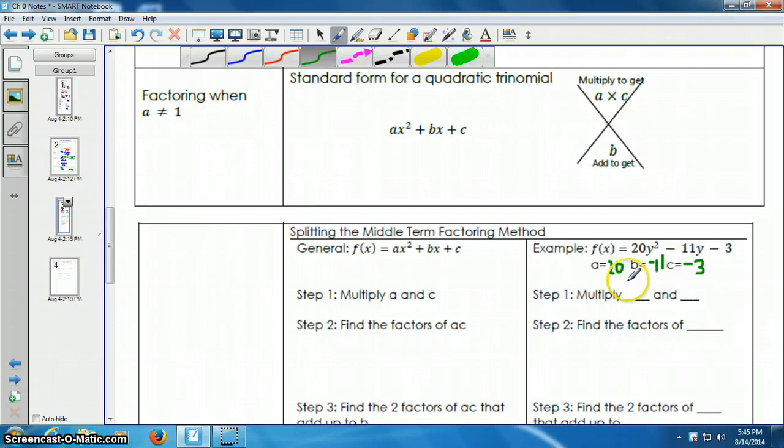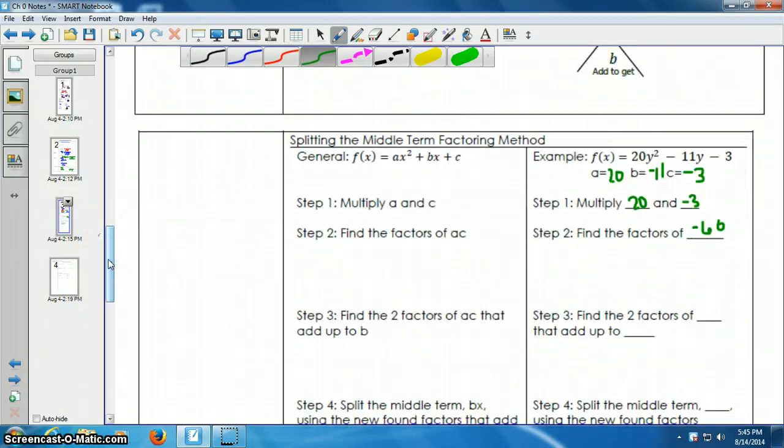So we're going to multiply our a times our c, which would be 20 times negative 3. We're going to find the factors of negative 60 that add up to get your b. Well, your b is negative 11.